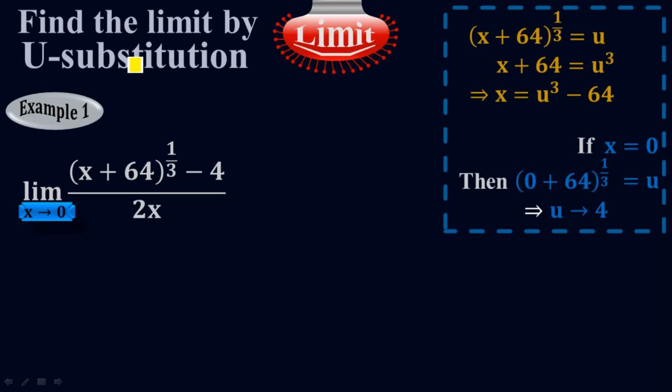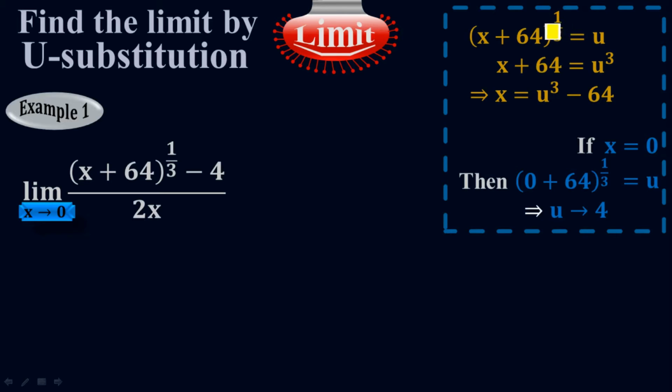In the U-substitution method, what we are doing is a kind of substitution here. This is my f of x, which is (x plus 64) to the whole 1 over 3 minus 4, over 2x, where x approaches 0. I take this section and let it equal u. Then I take the cube on both sides, so (x plus 64) to the whole 1 over 3, to the 3, the 3 will cancel with the 3, and I will be left with only x plus 64.